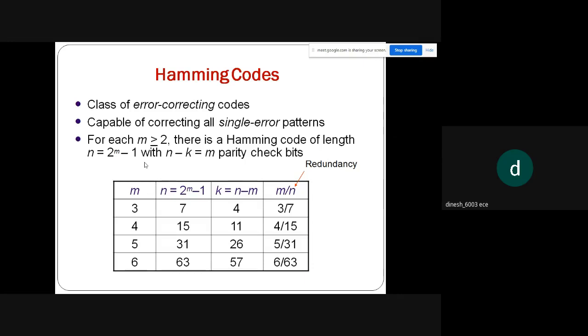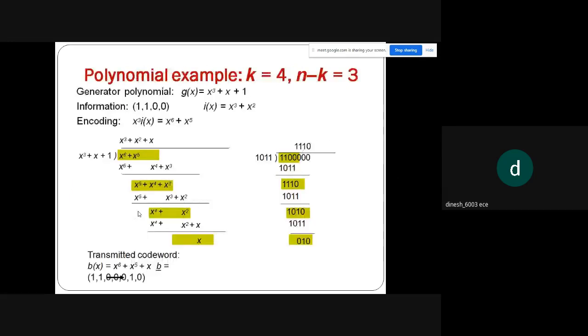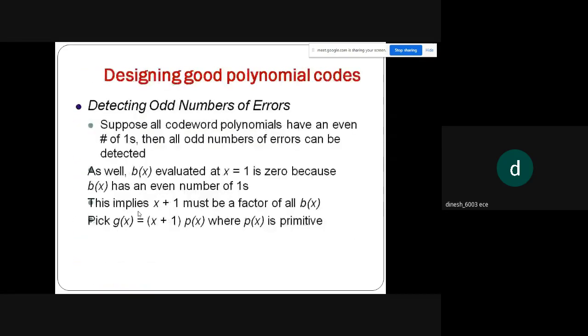For example, if I have m equal to 3. Where do you get this m equal to 3? In this example, we have done our parity check bits as 3. n minus k is equal to 3, so that is your parity bits.